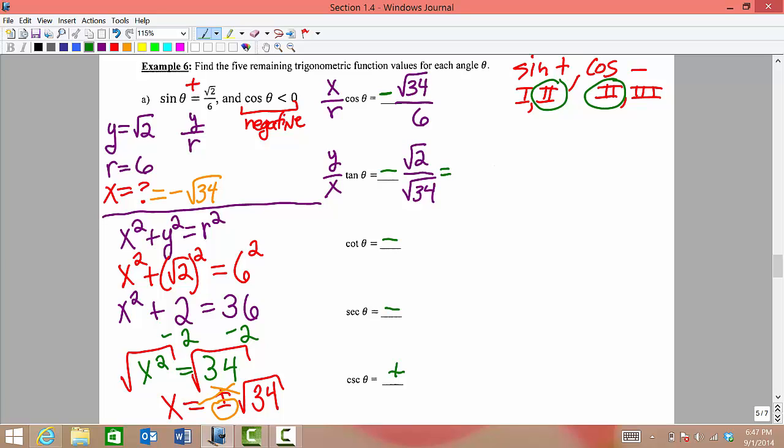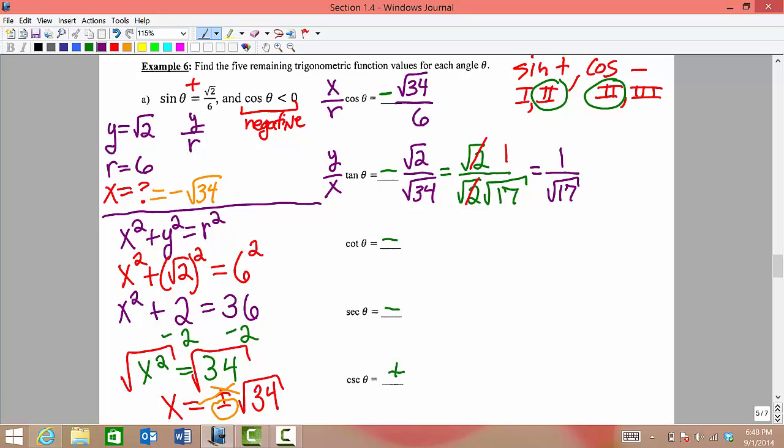When we go to simplify, square root of 2 on top, 34 can be written as the square root of 2 times the square root of 17. On the top we have the square root of 2, and on the bottom we have the square root of 2, so we can cancel out those common factors, and that leaves us with 1 divided by the square root of 17.